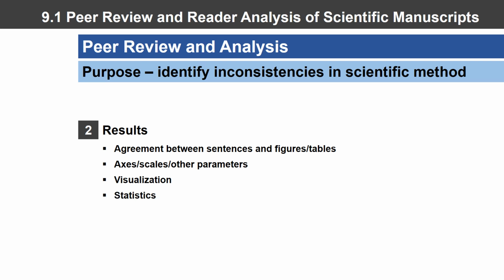And of course, that the choice of statistics is appropriate, and the way that the data is analyzed to get those statistics was correct, whether that was an ANOVA or a t-test or any of the other ones you've learned.